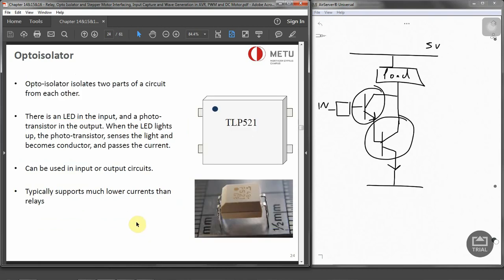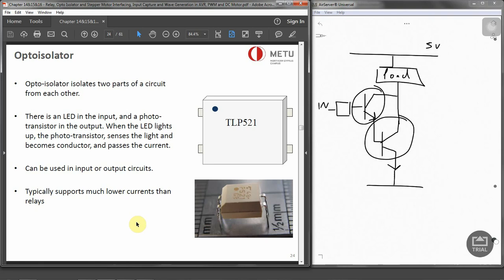The next thing that we are going to see is an opto isolator. So an opto isolator, as the name suggests, isolates two parts of the system. So for example, driving a motor. Motors can produce electromotive force, a high voltage spike produced by a sudden change of the current.